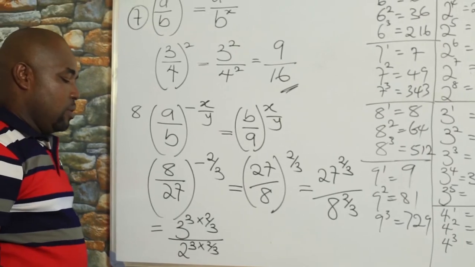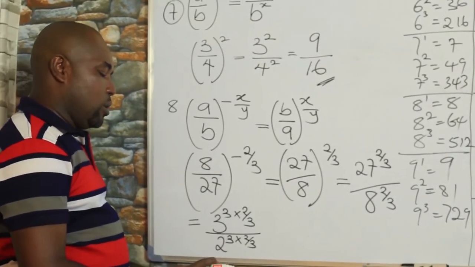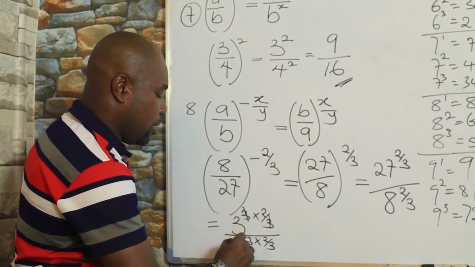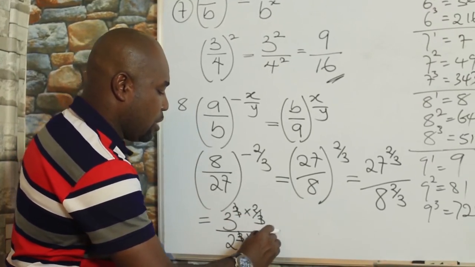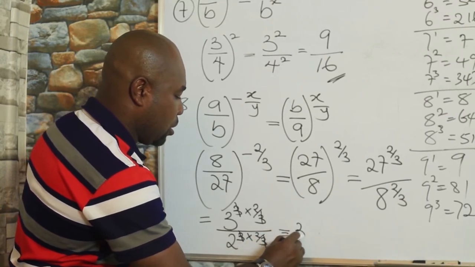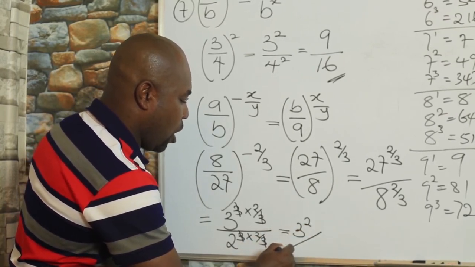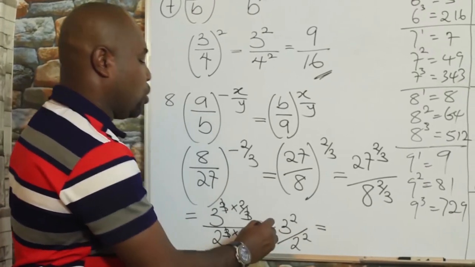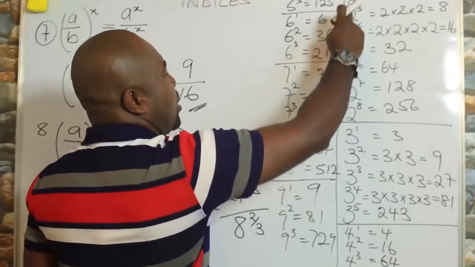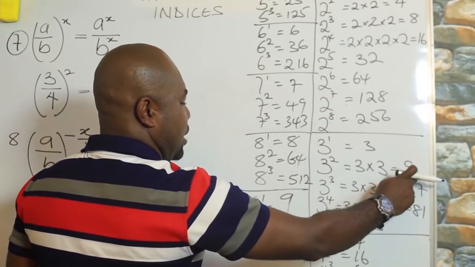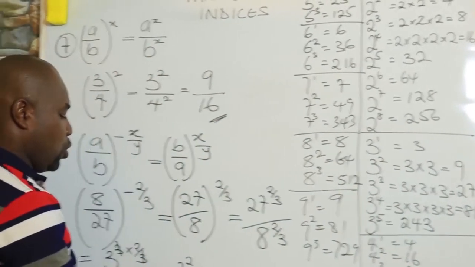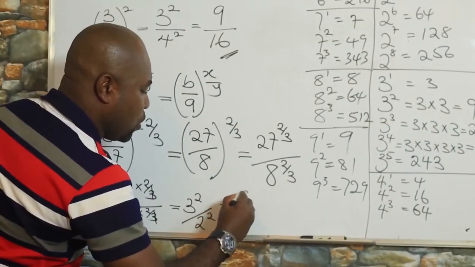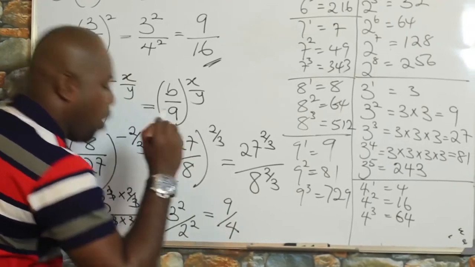With this, we can solve the question with ease. 3 will cancel out 3. This will be equal to 3 raised to power 2 all over 2 raised to power 2. 3 raised to power 2 here is 9, and 2 raised to power 2 here is 4, which is equal to 9 over 4.